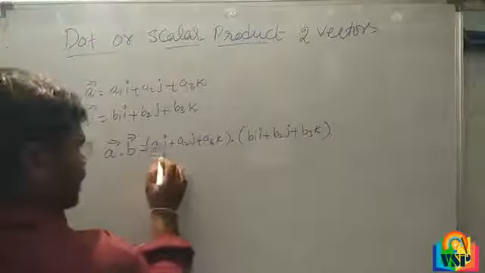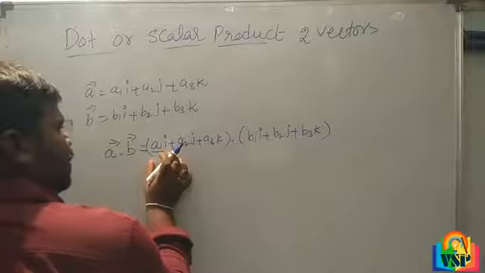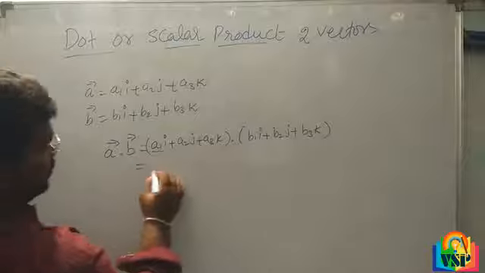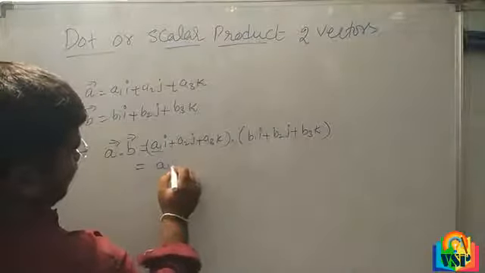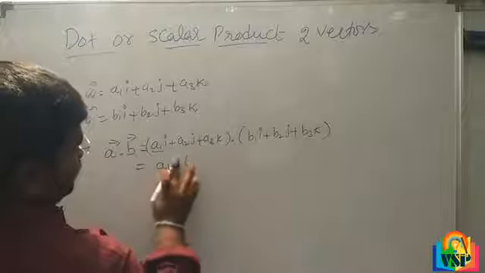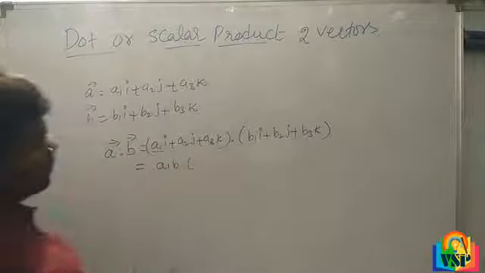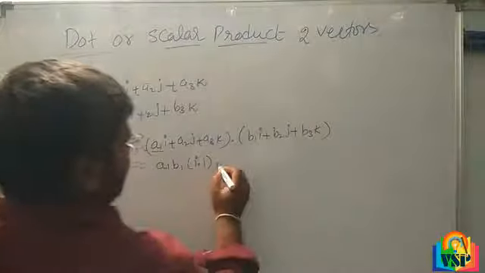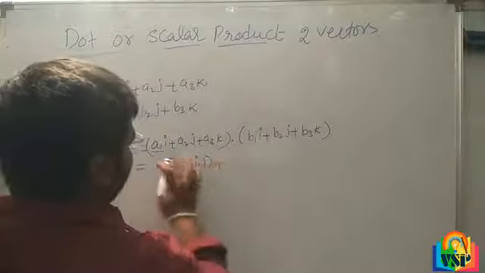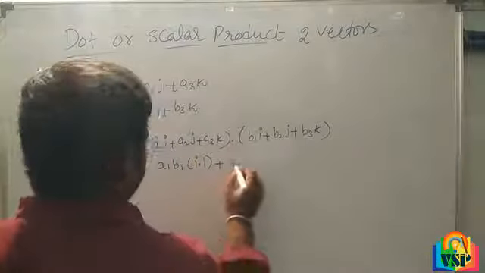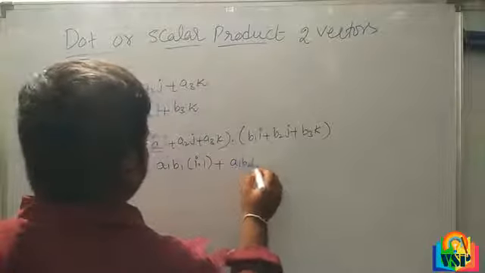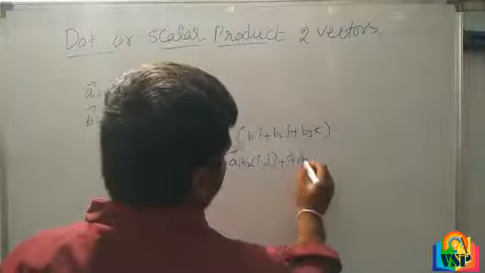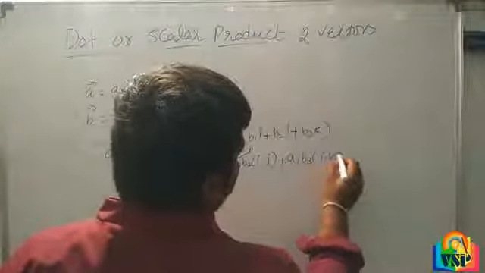Here A1 i is multiplying B1 i. So we can write A1 B1 (i dot i), plus A1 B2 (i dot j), plus A1 B3 (i dot k).